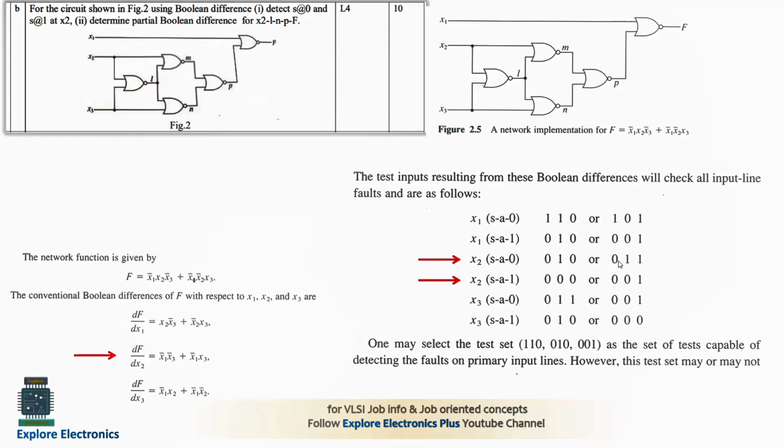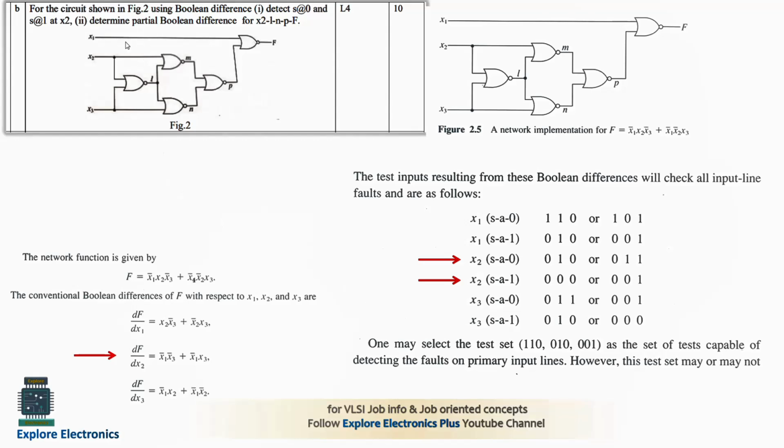Similarly for the other term, x1 bar into x3: x1 bar means 0 again, x3 means 1, but to detect stuck at 0 we need to put x2 as 1. To detect the stuck at 1 fault, these two will be 0 0 and x2 becomes 0. Here these two will be 0 1 as it is, and x2 will be 0. Similarly for x3. This is how you can write the answer for the first part.